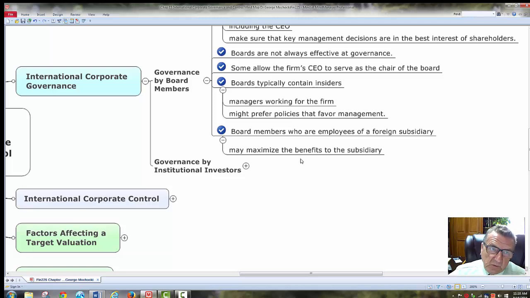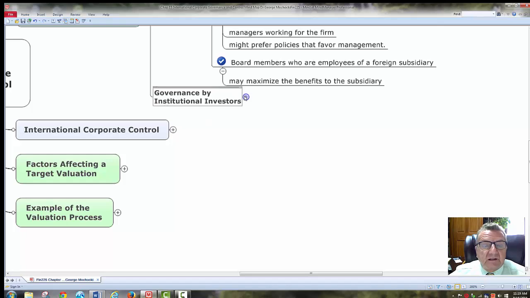So if a board member on the parent organization has some relationships or contacts or some vested interest in the subsidiary, they may skew it towards that. Remember, those who've taken me from management classes, the managers have their own political agenda. They're not supposed to, but remember the whole thing going forward is that the management is to add value to the parent MNC. Okay?